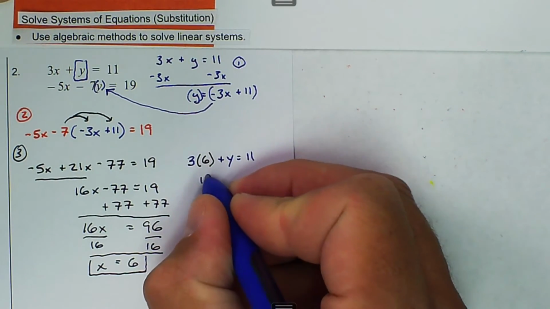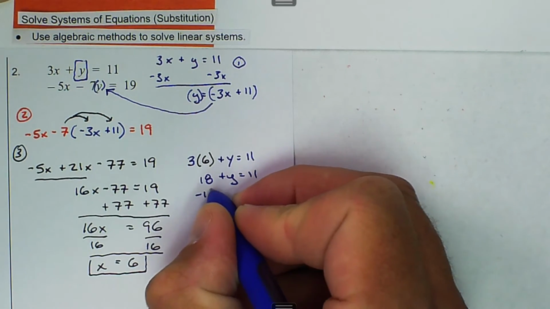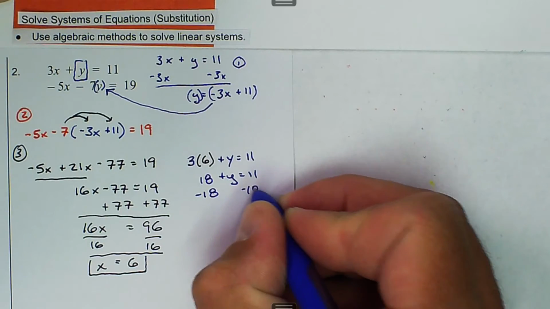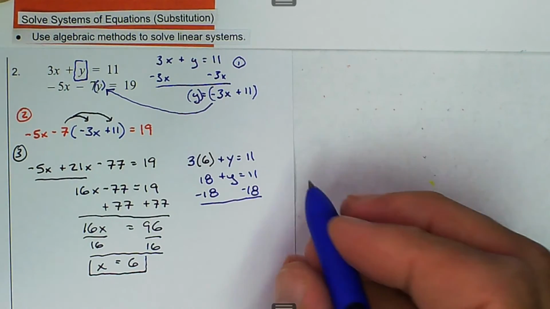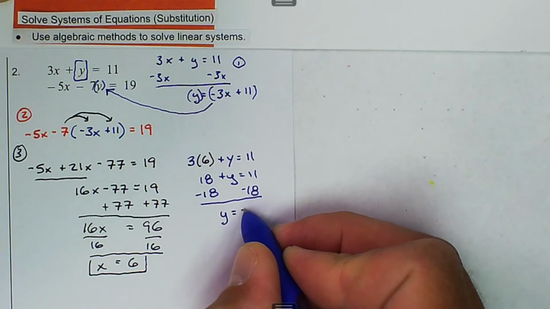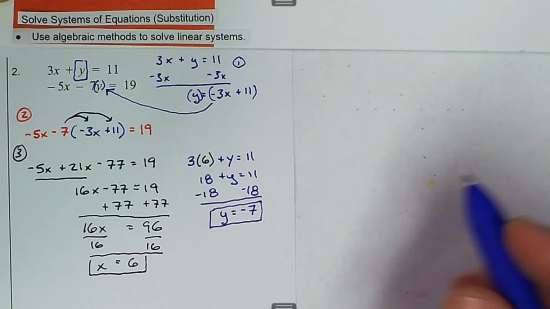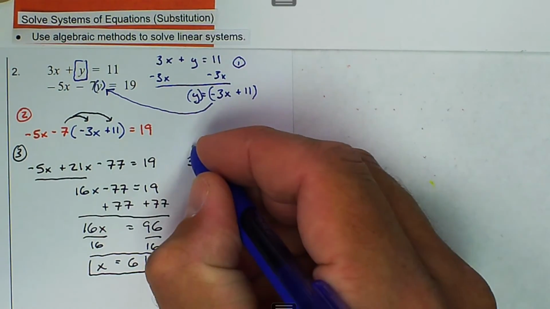So we get 18 plus y equals 11, and then we can subtract 18. And we get y equals -7. So this was step number 4.